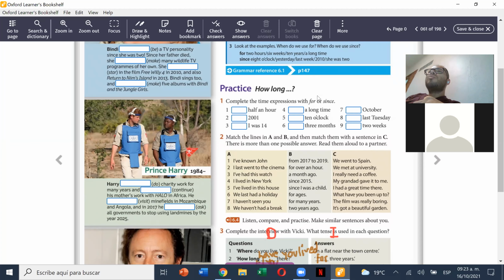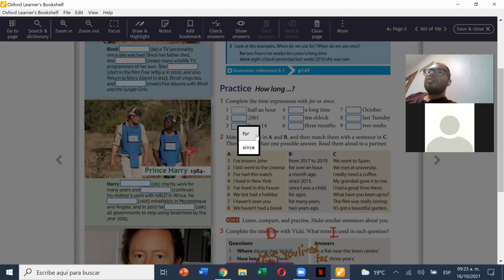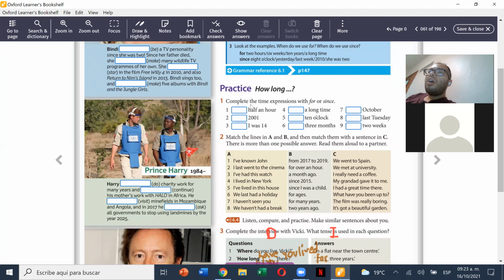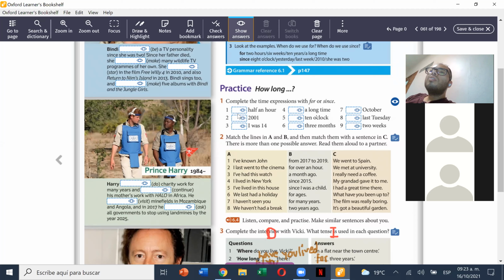So complete expressions with for or since. Remember, for and since are the typical prepositions for present perfect. Here, what do you think? For half an hour or since half an hour? For. Yeah, for is used for this, for half an hour, for 1 hour, etc. We have a specific year here, 2001, for or since?